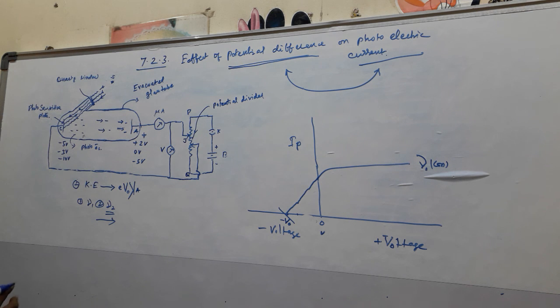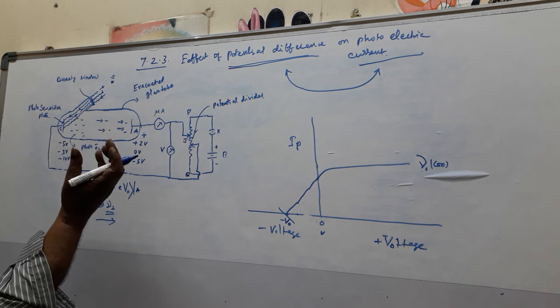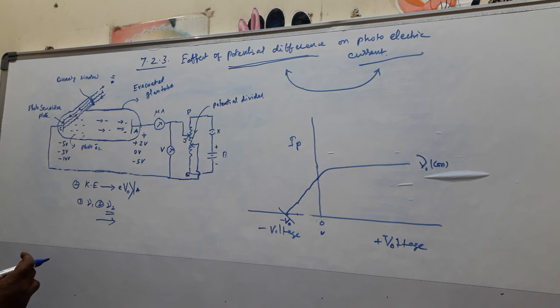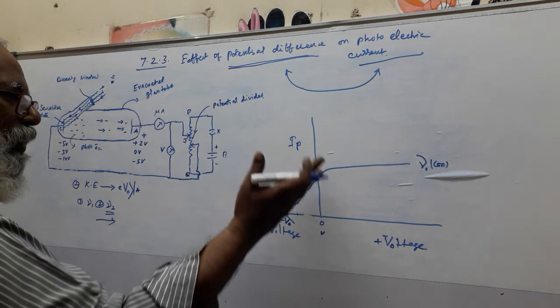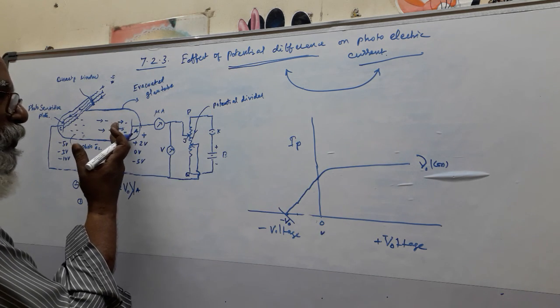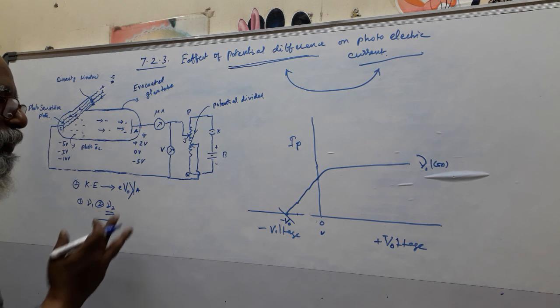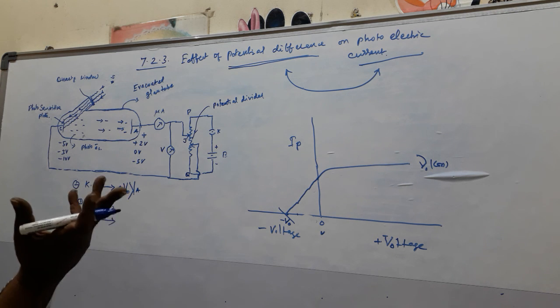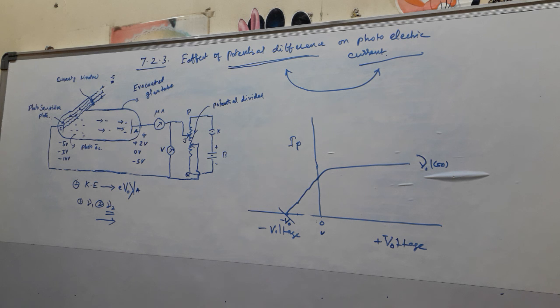What will happen? Then higher energy electrons are emitted, which means more photoelectrons are emitted. Then we expect many more electrons to enter the terminal of A, but not like that.